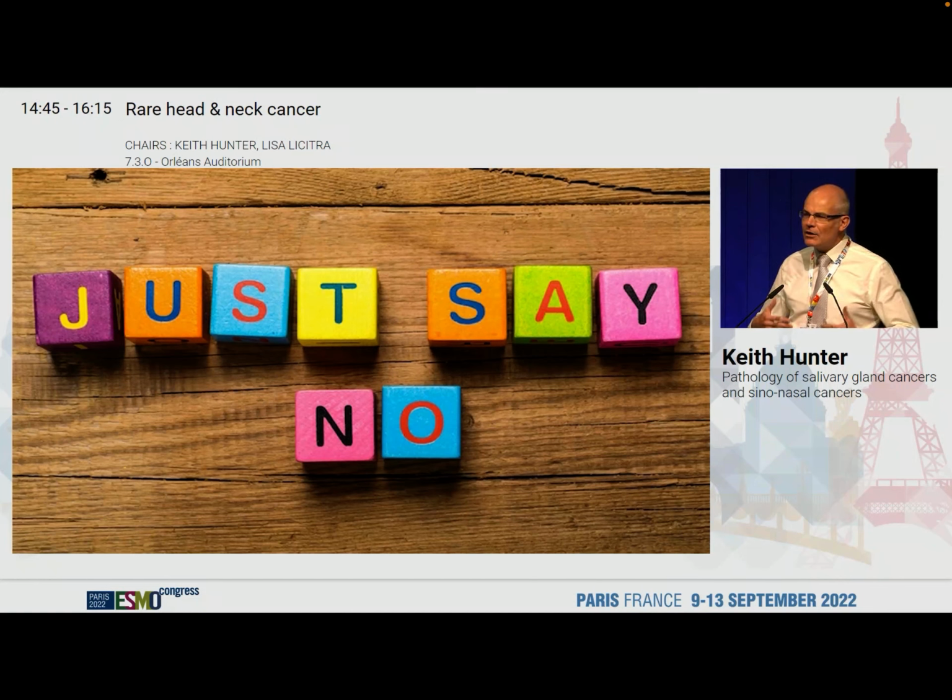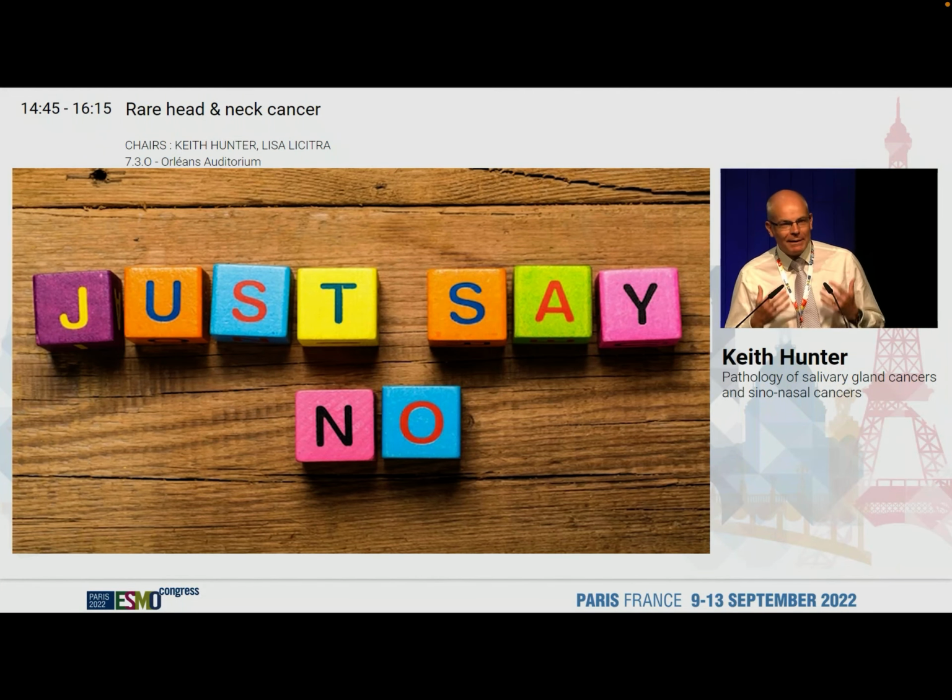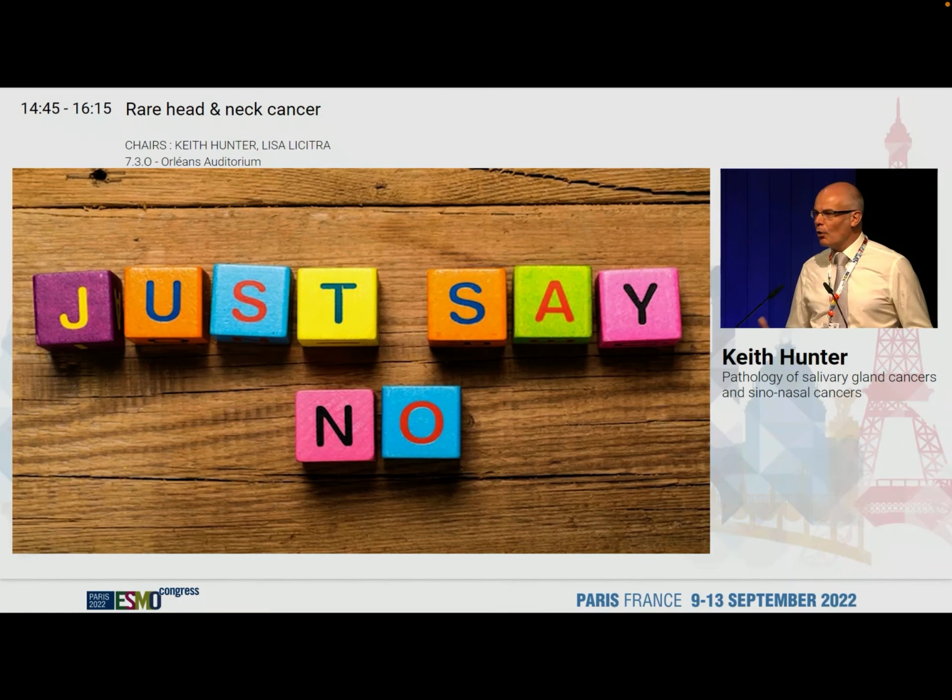So it may not be the end of the road for fine needle aspirate cytology, but as far as my diagnostic practice is concerned, I would far rather have a core biopsy. Now, of course, that opens us up into the next two challenges on my list, because you come up against the idea of the small biopsy in a larger tumour.